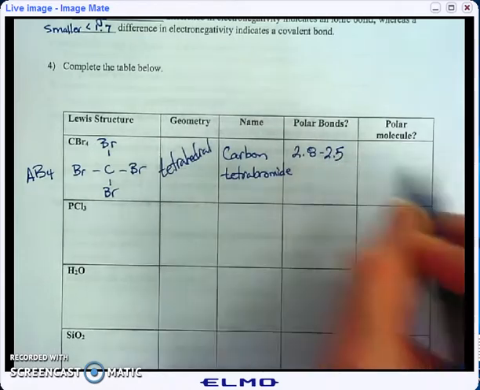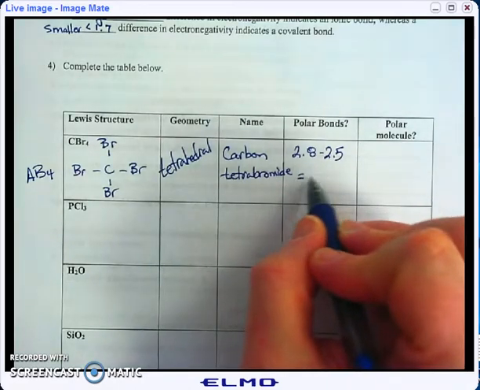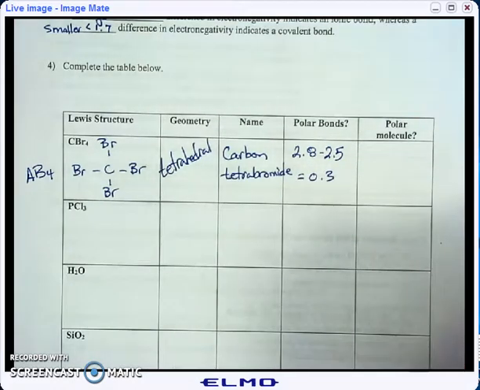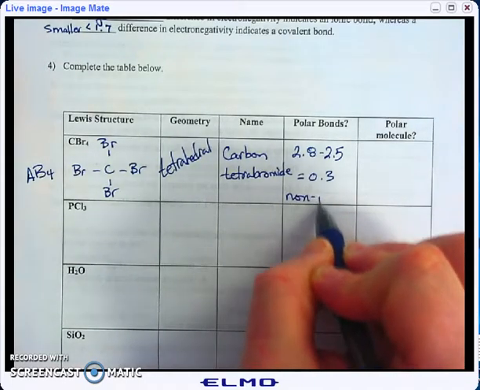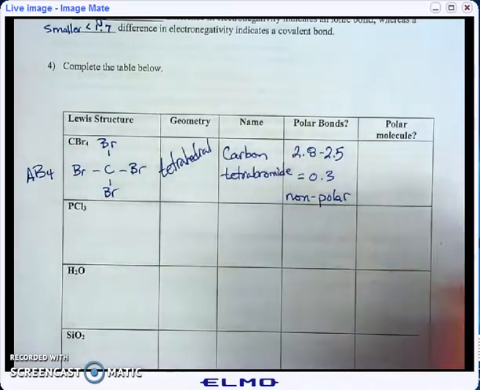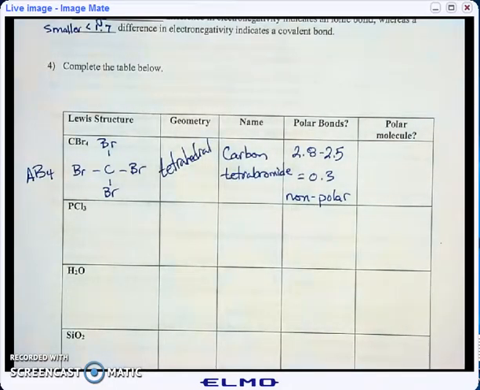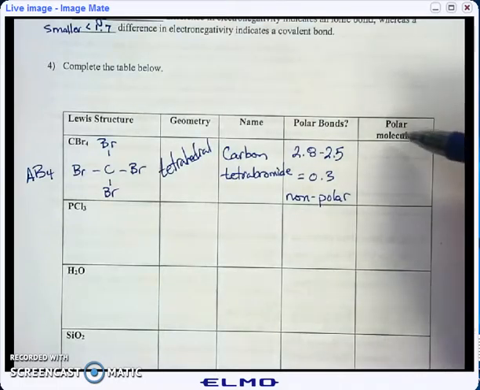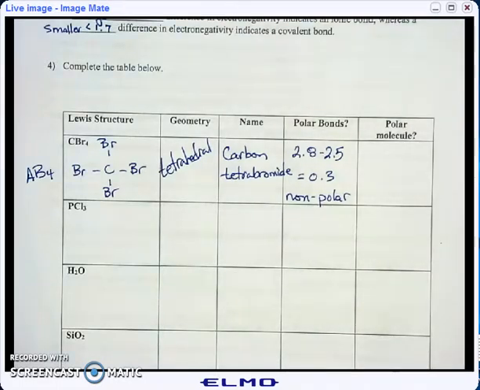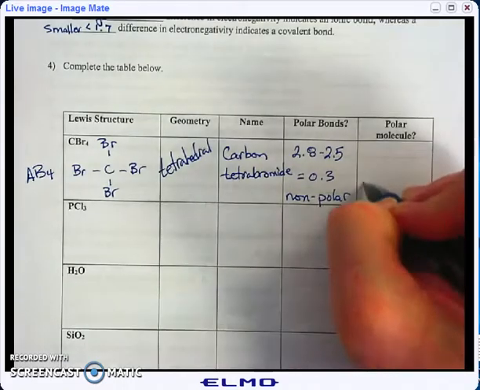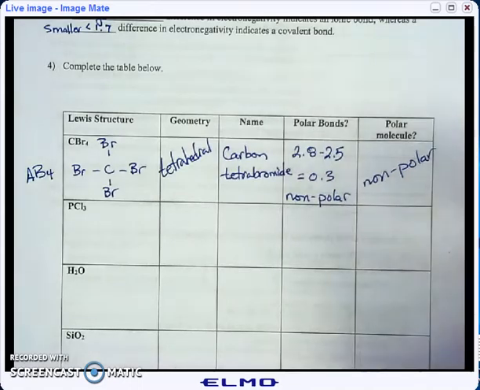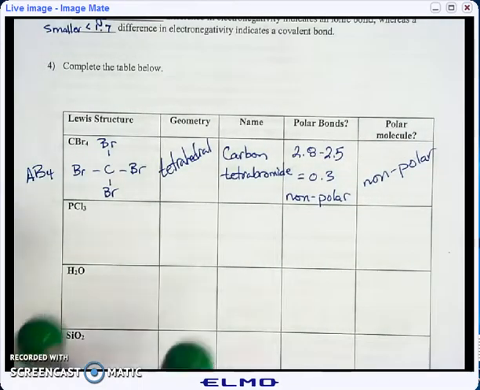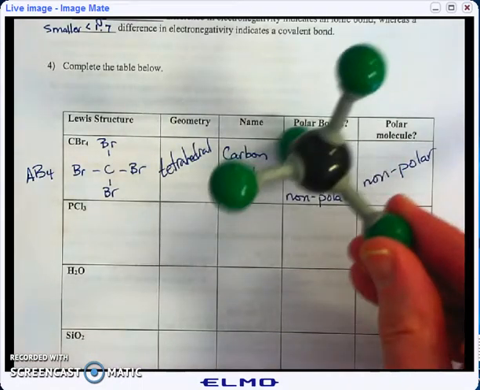Okay. 2.8 minus 2.5 gives me a 0.3. So what is that, Adam? Non-polar. And the molecule, Adam, is it polar or non-polar? It is non-polar. So, we have an example here. I know it's kind of difficult to see.